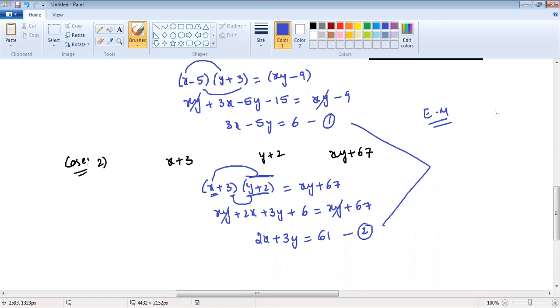Yes, sir. No doubt, right? No, sir, no doubt. Can you tell me what is the value of x? Sir, 17. Y value? Sir, 9.